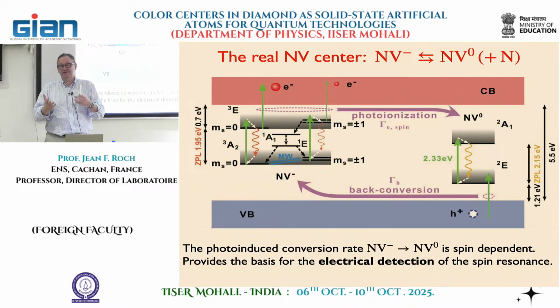Basically we can work with different orientations. One is 100, so we have these four families. Most of the experiments I showed you were based on this 100 orientation. You can work with 111, then you have one family which is pointing upward from the sample surface. And then you can work also with 110. And this is quite nice because then you have two families of NV that are in plane.